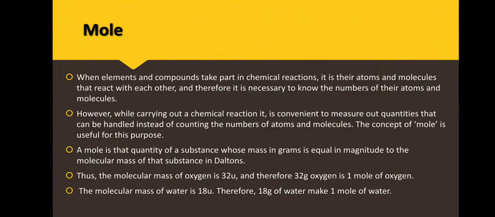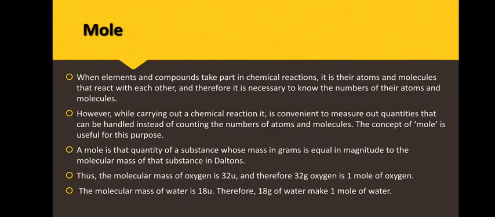Followed, students? If you take the unit mass into grams, it is 1 mole of that particular element or that particular molecule. The molecular mass of water is 18 units. Therefore, 18 gram of water makes 1 mole of water. Followed? So what is mole?